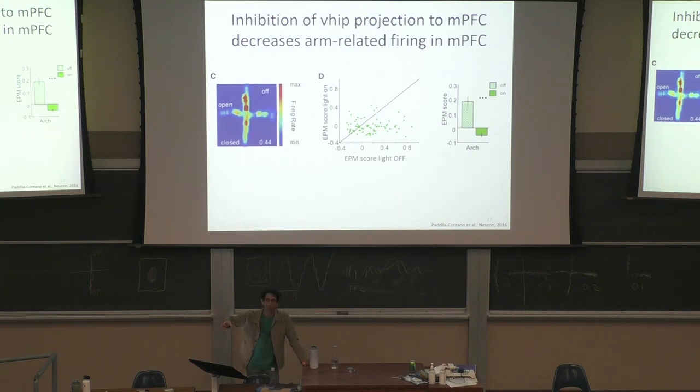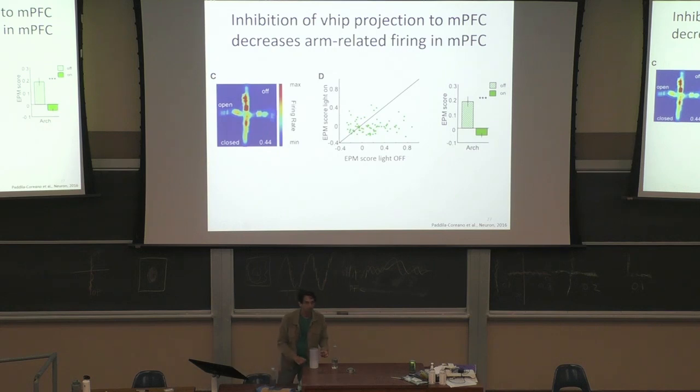So the hypothesis was, these two regions seem to be doing similar things in this maze, and there's a projection between them. So perhaps this projection is how this phenomenon is happening. They use this projection to communicate with each other and generate the behavior of avoiding the open spaces.